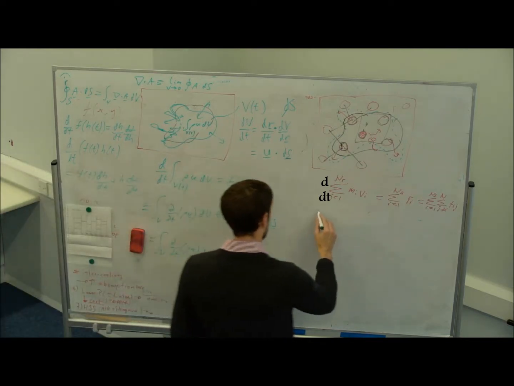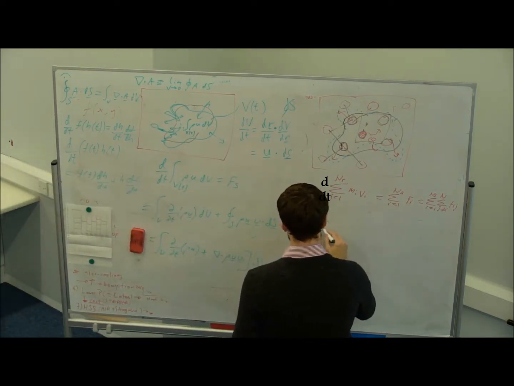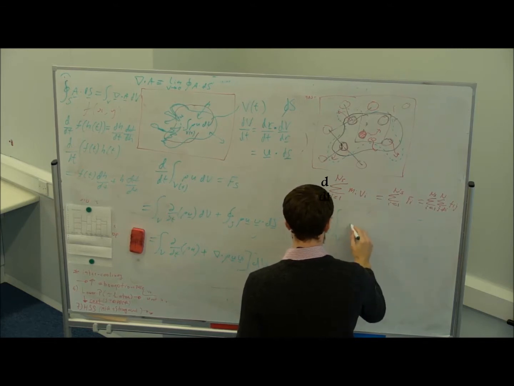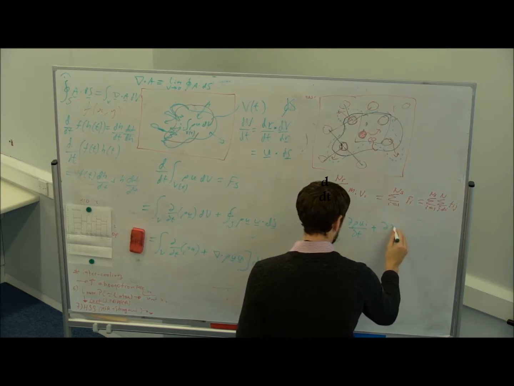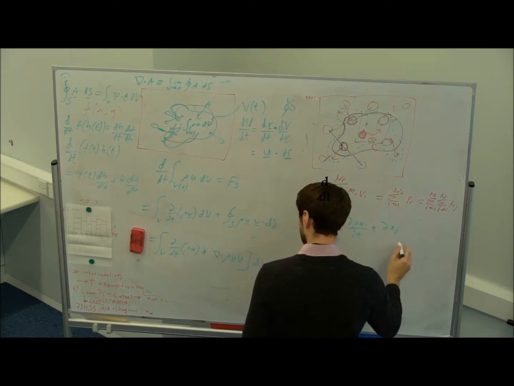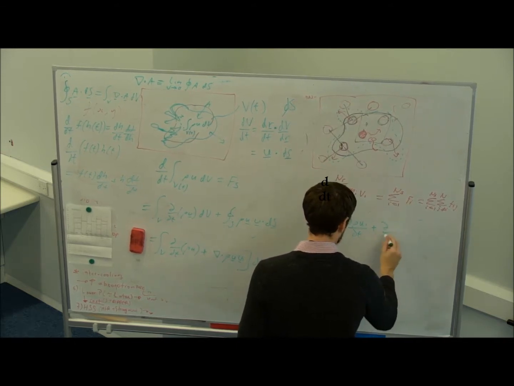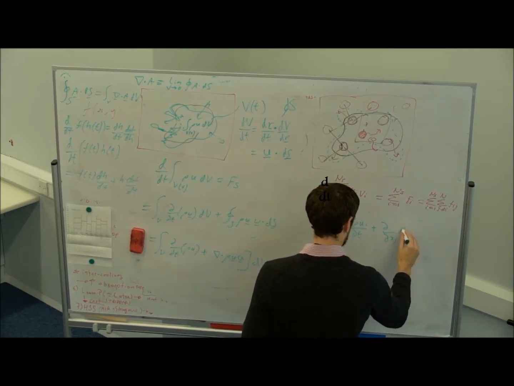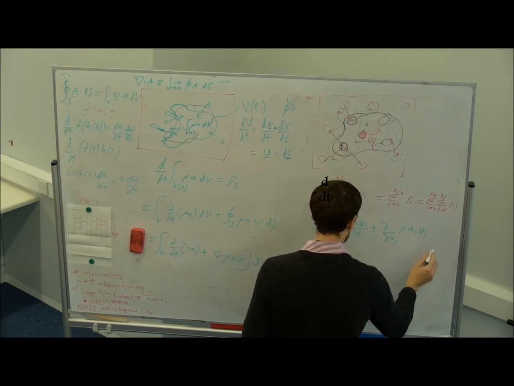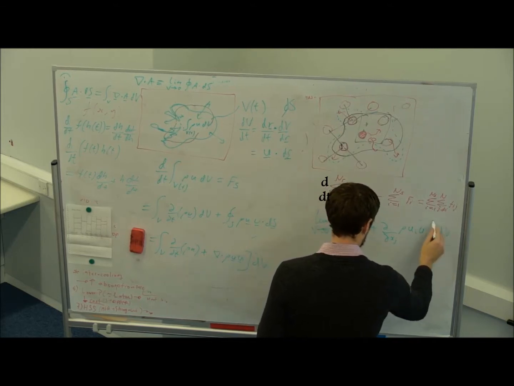So in the limit that V tends to 0 of this volume, I'll write it in index notation just to show you the other possibilities. d by dx_j of rho u_i u_j dV.